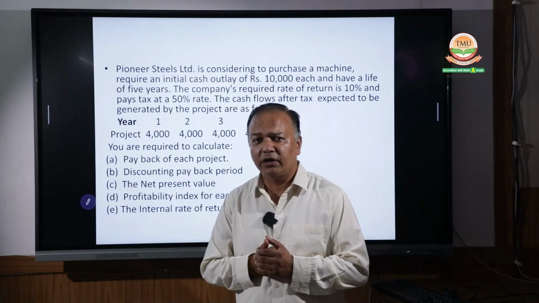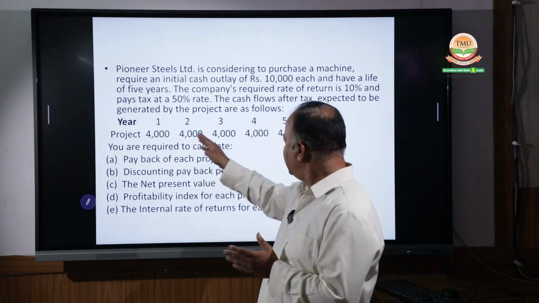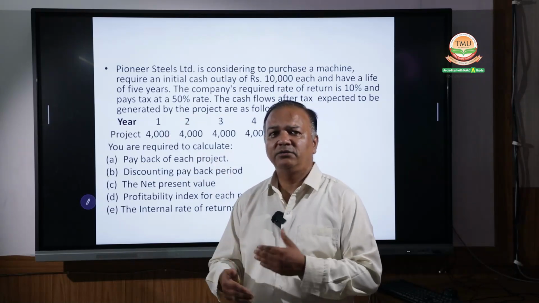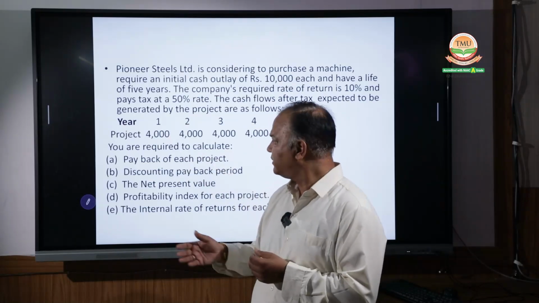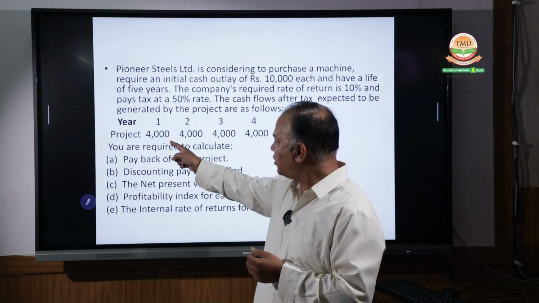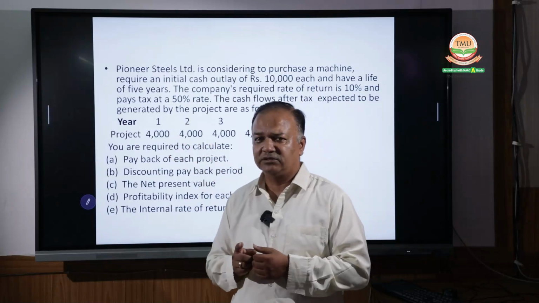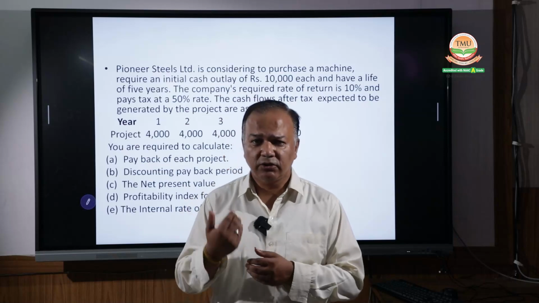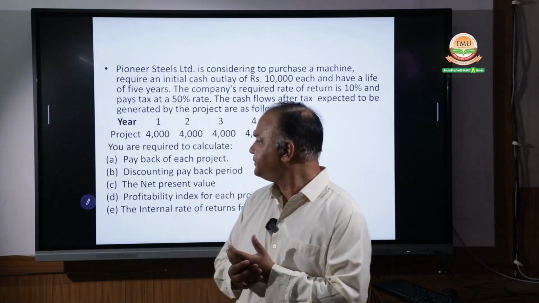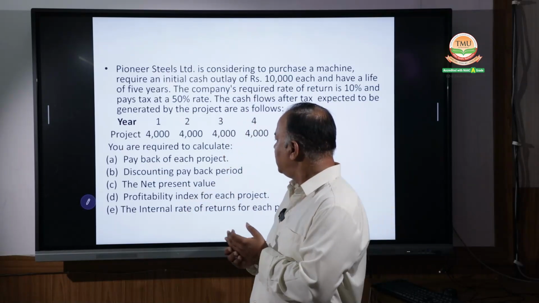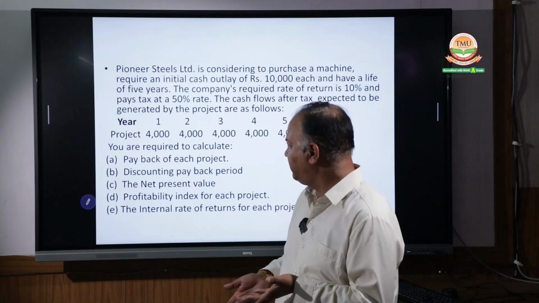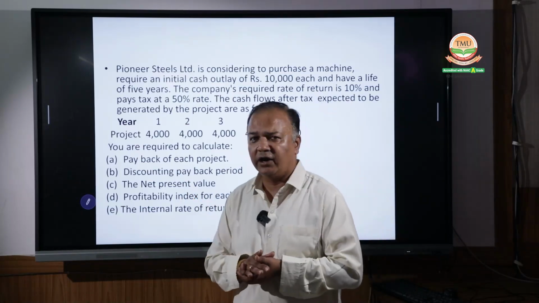In exchange, the company will use the machinery for up to 5 years, and in these 5 years, the company will generate cash flow after tax of 4,000 every year. It means the company will generate cash flow after tax of rupees 20,000 in 5 years. Now, you have to calculate payback, discounted payback, NPV, profitability index and internal rate of return.